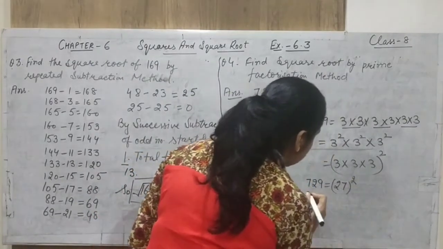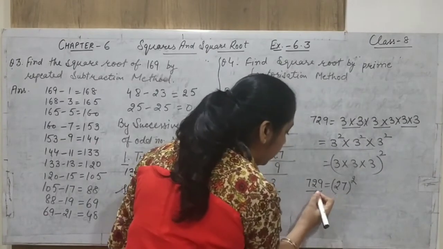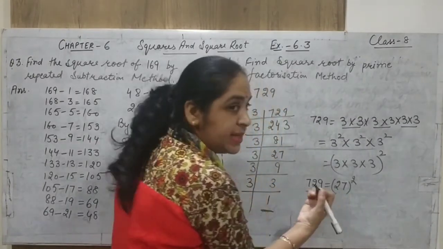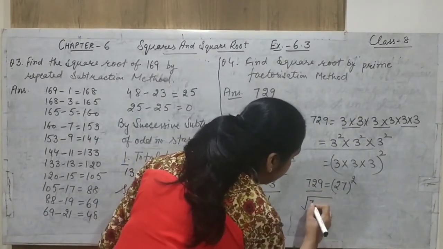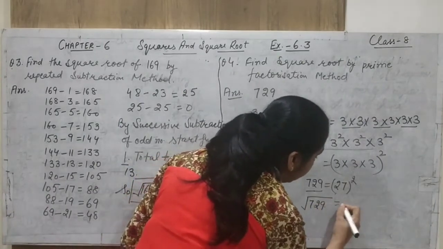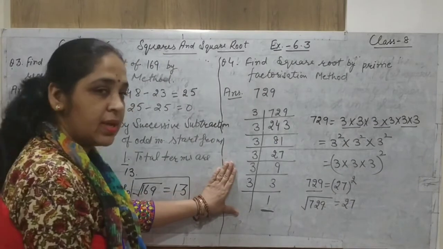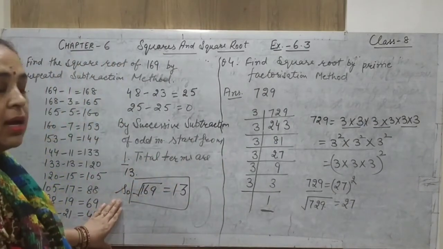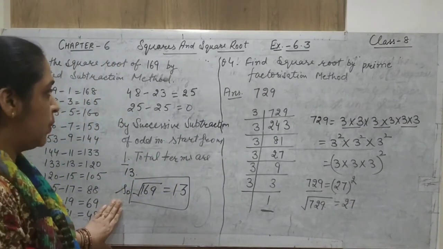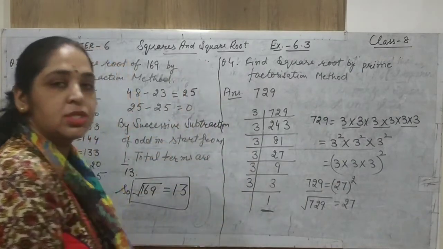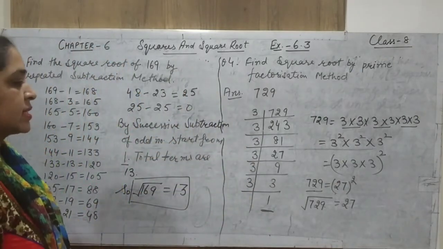That is, 729 is the square of 27, or we can say the square root of 729 is 27. So this is the prime factorization method and this is the repeated subtraction method. Now you complete 4 questions of this exercise, then we discuss further.